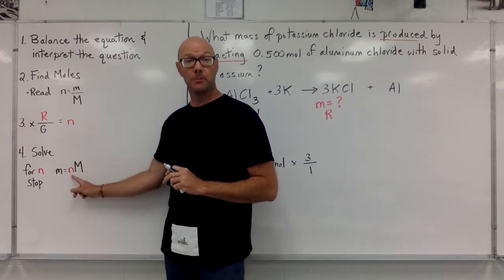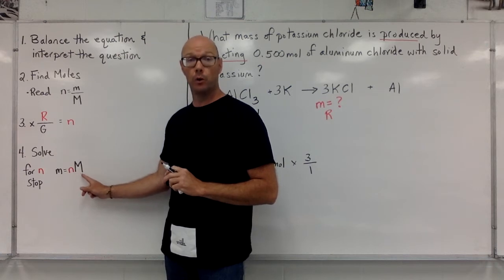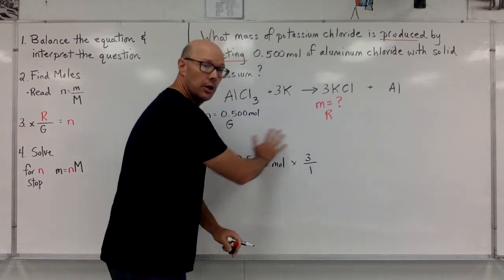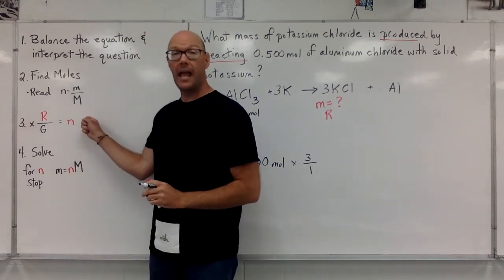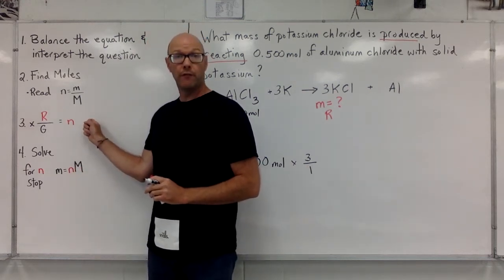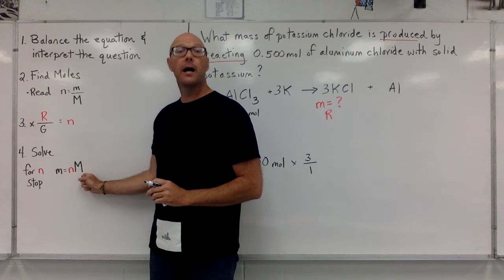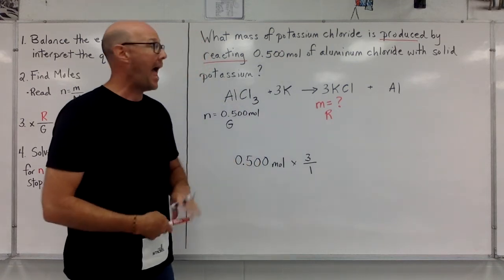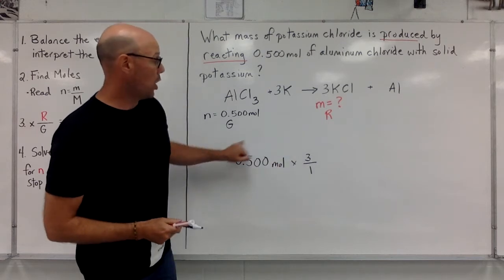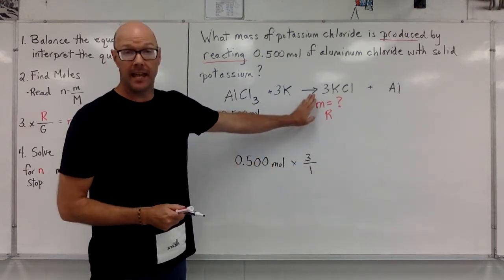And the mass is the moles times the molar mass. All of this here on the board right now, it represents this red N. So what we're going to do in our final step is multiply by the molar mass. But because we have the moles, this all represents the moles of the KCl.